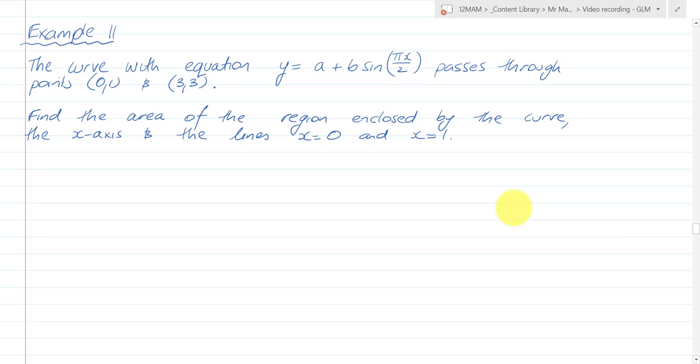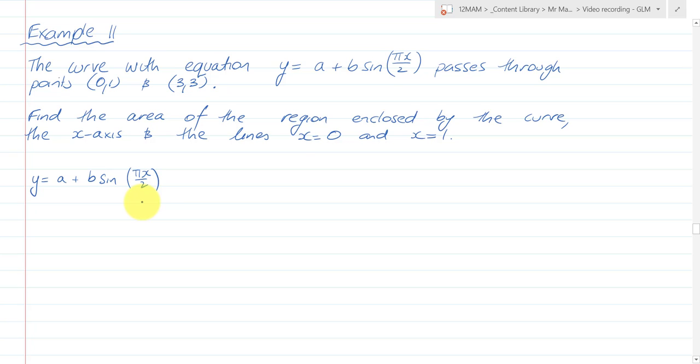It involves going back and doing some work on the Year 11 content on trig functions, exponential functions, even polynomials. Running through this question first of all, it passes through (0, 1) and (3, 3). So we've got y equals a plus b sine of pi x on 2.